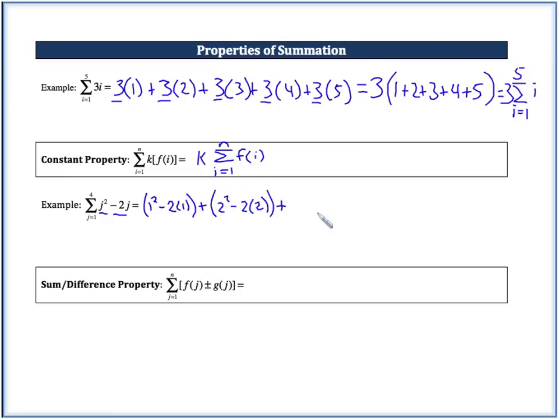Our third term is going to be 3 squared minus 2 times 3. And our fourth one, okay, because we're going up to 4, is going to be 4 squared minus 2 times 4.